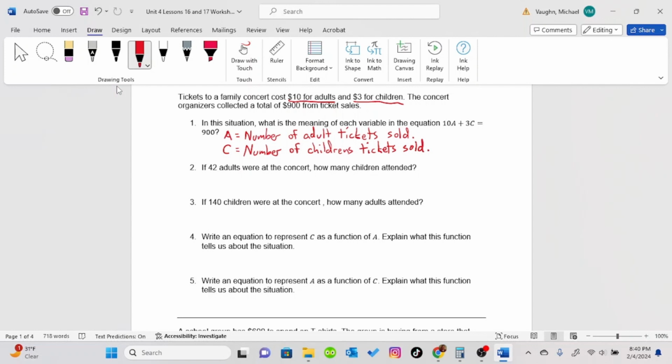Number 2. If 42 adults were at the concert, how many children attended? To solve this, we substitute 42 in for A. We multiply 10 times 42 and we get 420.